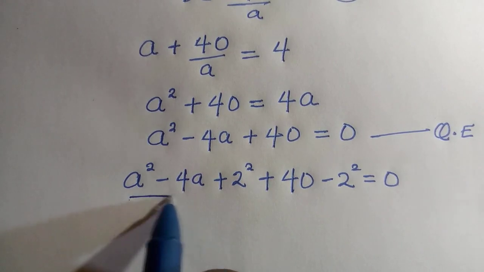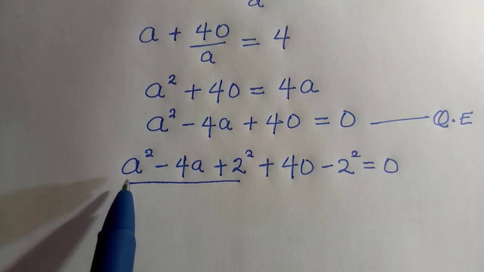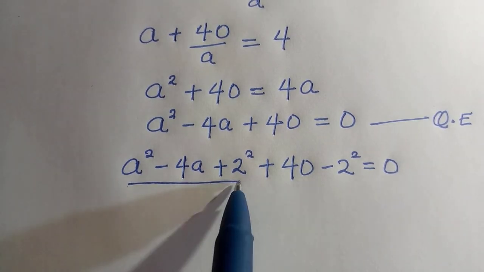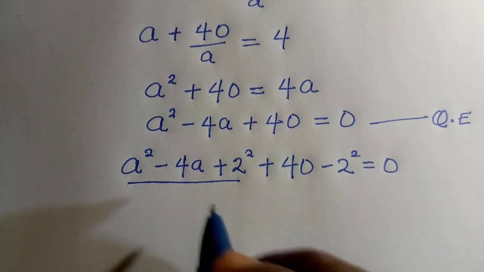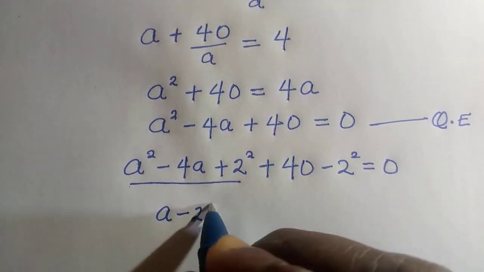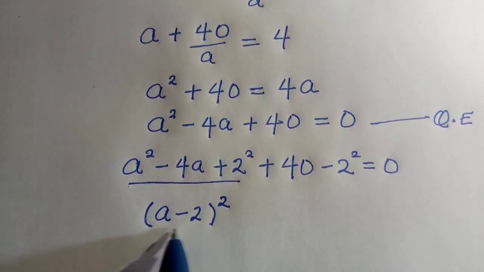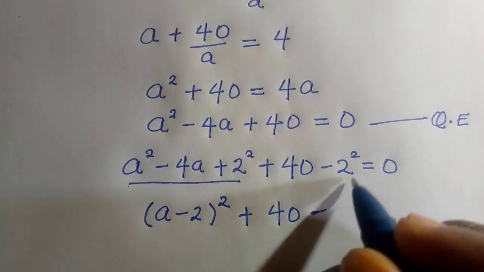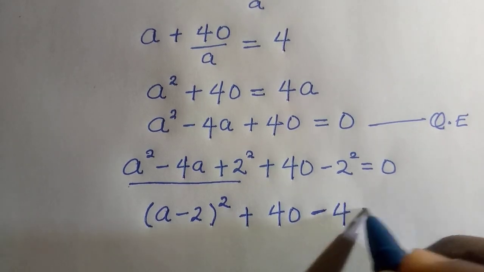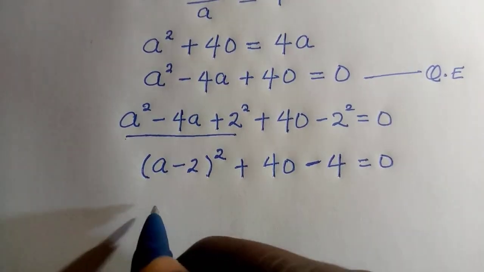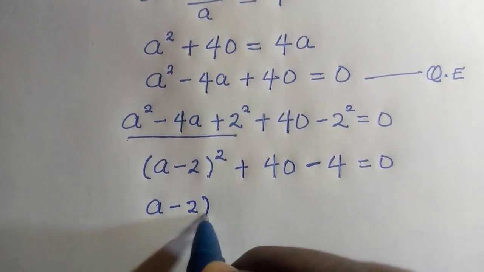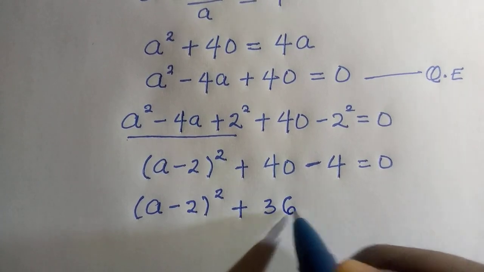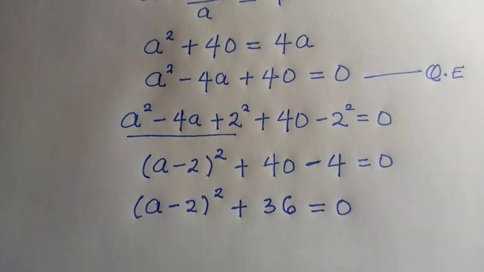We consider the first three terms together and write them as a perfect square, so we have (a minus 2) all squared, plus 40 minus 4, which gives 36, equals 0.